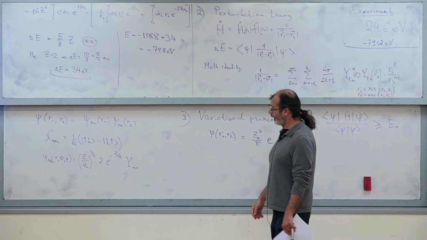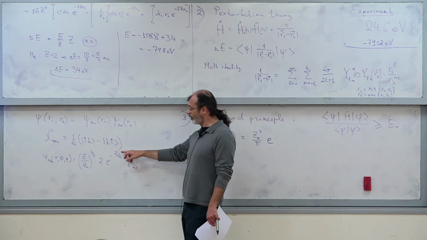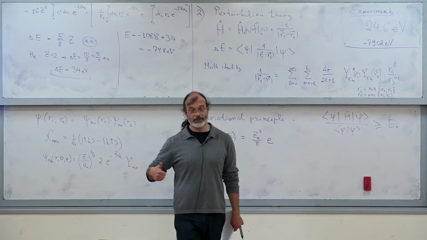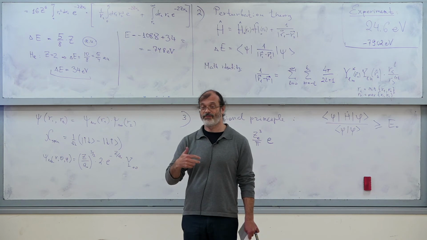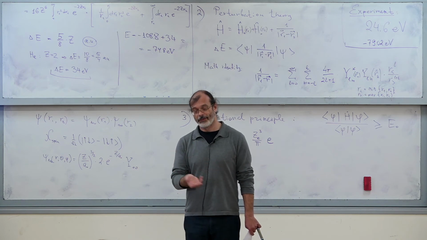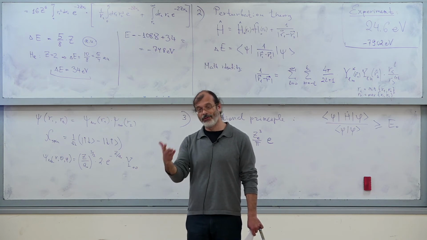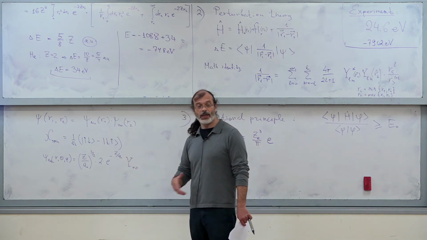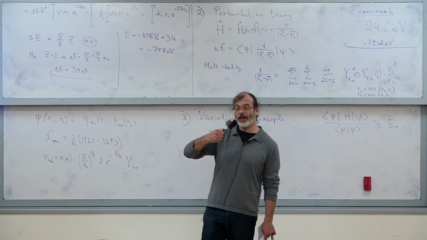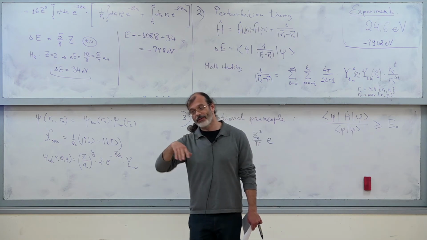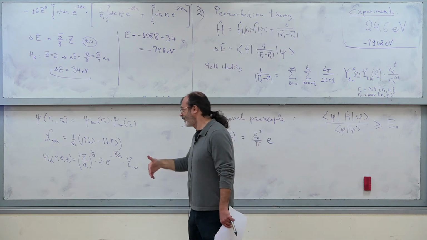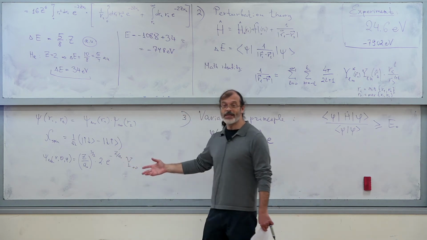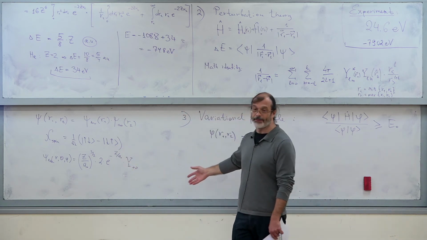So what we actually want to change is this Z. Instead of taking Z equal to 2, which is what the atomic number of the helium atom prescribes, we allow this Z to be different, some effective number that we want to find, to minimize the energy according to this parameter.